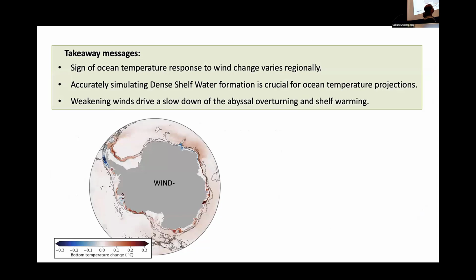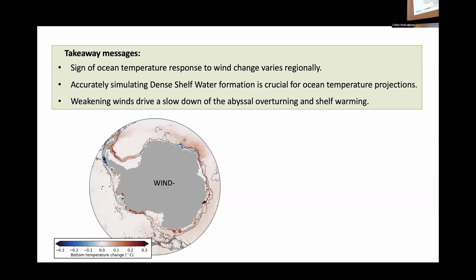Okay, so takeaway messages there. The sign of the ocean temperature response varies regionally due to this overturning response. And this is the same thing we've found. I initially was going to talk about meltwater perturbations here as well, but when we do meltwater perturbations, we find the exact same thing.